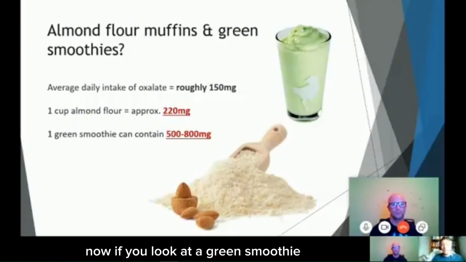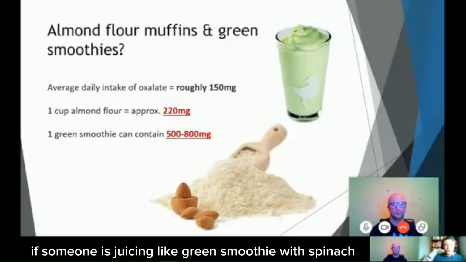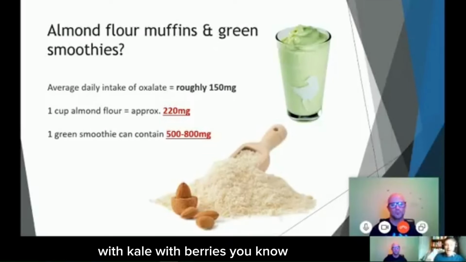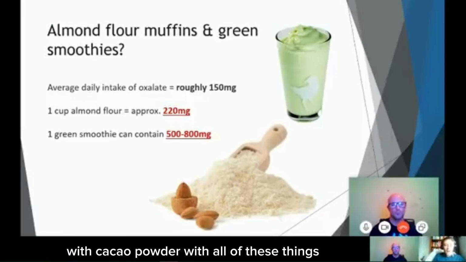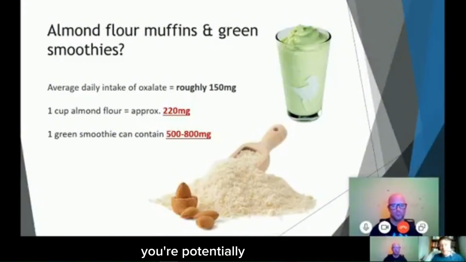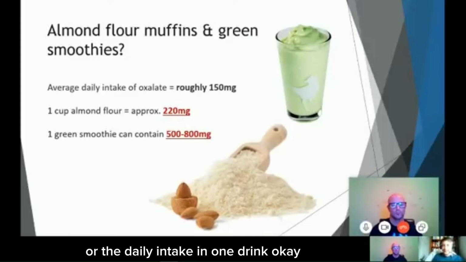Now, if someone is juicing a green smoothie with spinach, with kale, with berries, with cacao powder, with all of these things, you're potentially getting a huge amount of oxalate in one smoothie. So you're looking at about 5 times the daily intake in one drink.